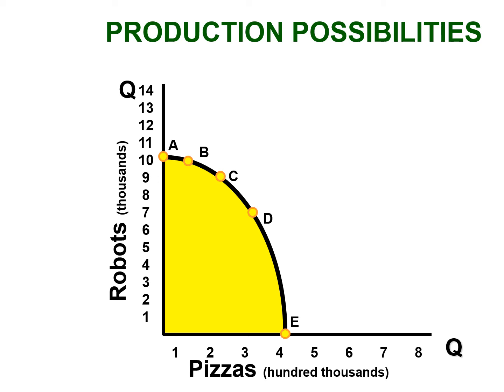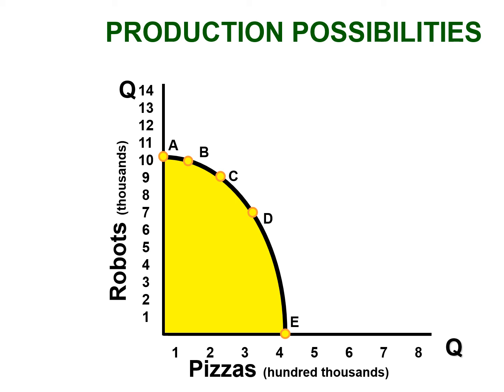Society is going to need some combination of these two different types of production to maximize its utility, some mix of output which maximizes happiness. Now, theoretically, there are an infinite number of points on this curve, but we only have 3 other points on the curve labeled to evaluate: B, C, and D. For simplicity, these are plenty of points for our economic analysis.